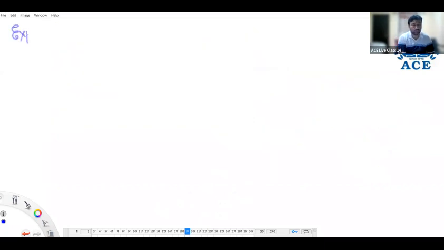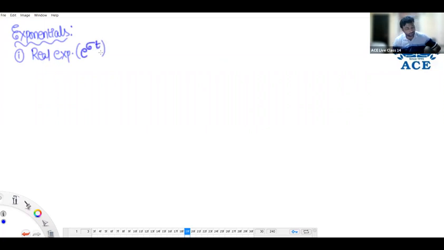Next form which we are discussing is different forms of exponentials. First one is called a real exponential, represented as e power sigma t, where sigma is a real number.